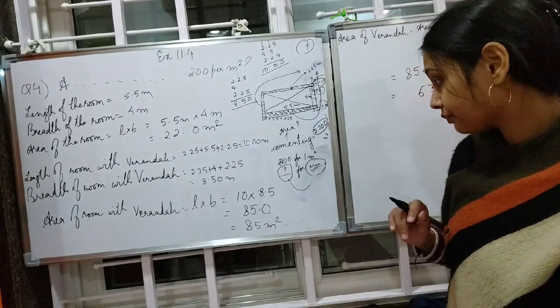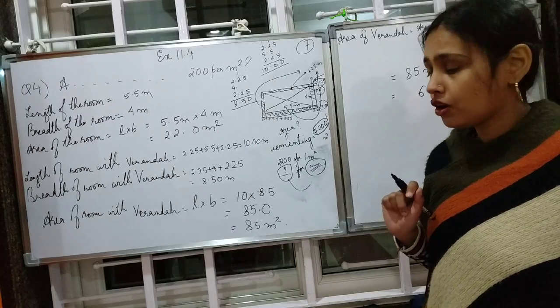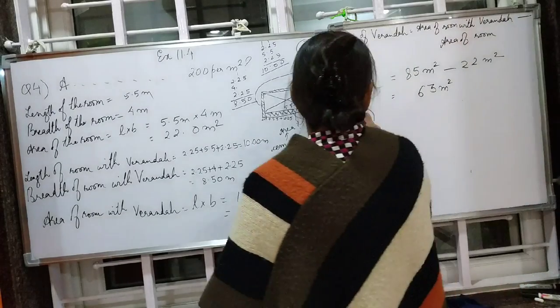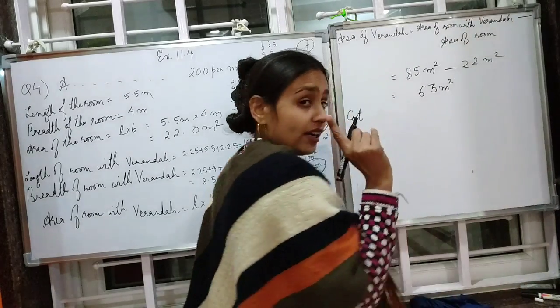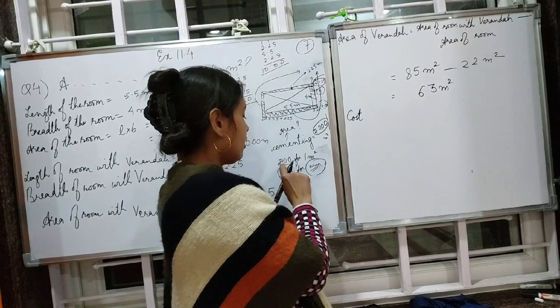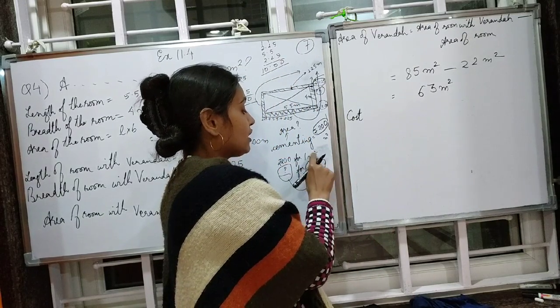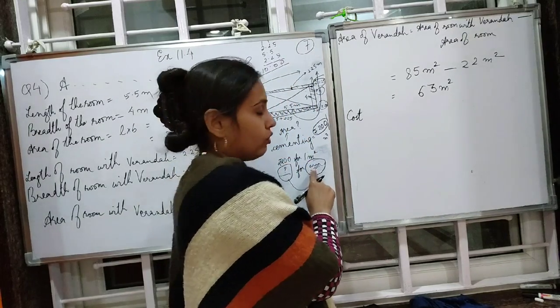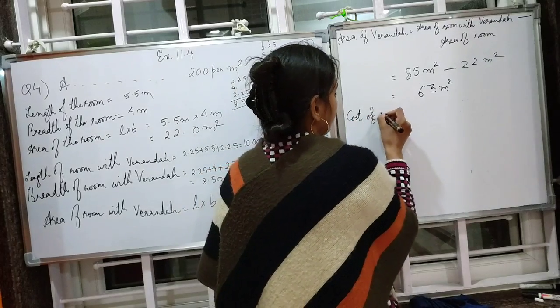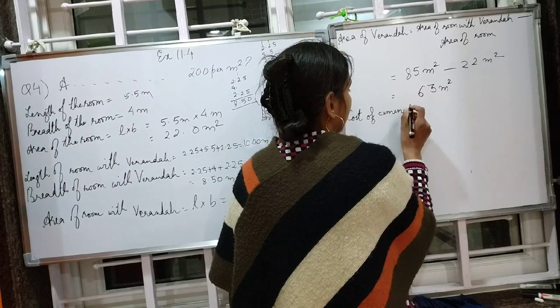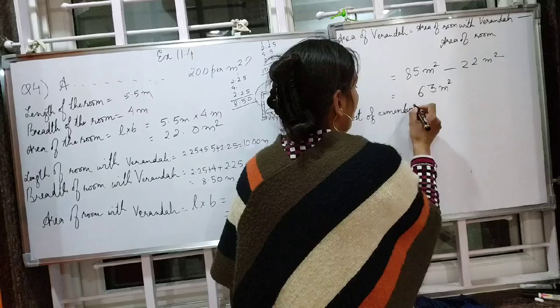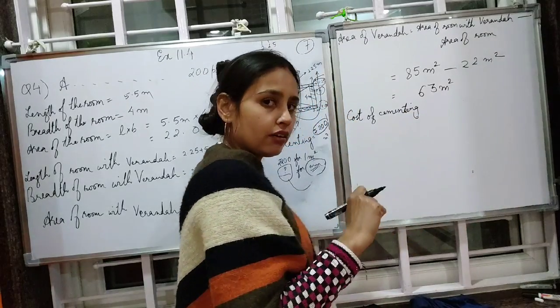Now what to do? We have to find the cost of cementing. So let's write what is given. What is given, children? Cost of cementing for 1 square meter area. Okay, so let's write cost of cementing. Children, if you want, you can write cost of cementing the veranda.